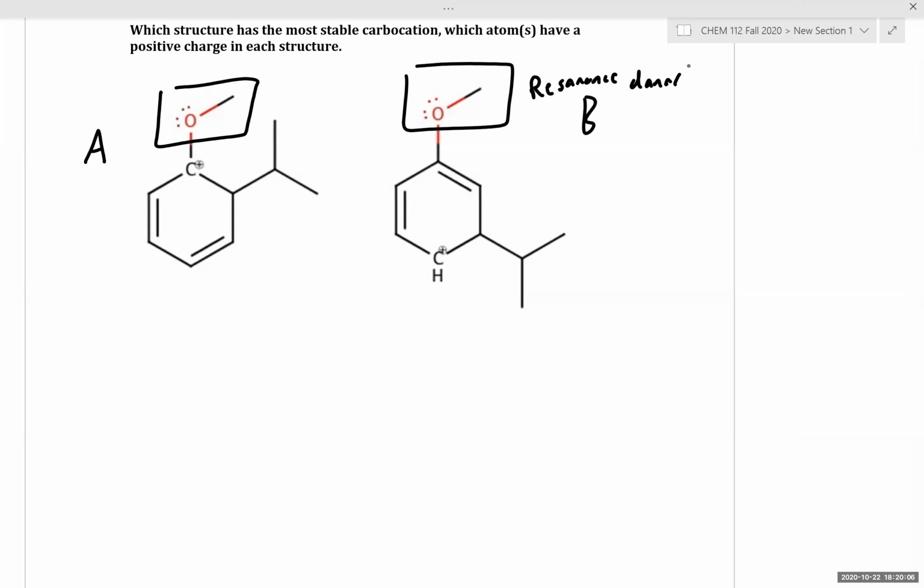So what does everyone think? Does anyone have a proposal for the lower energy carbocation? Does anyone have a resonance structure that they would like to share?